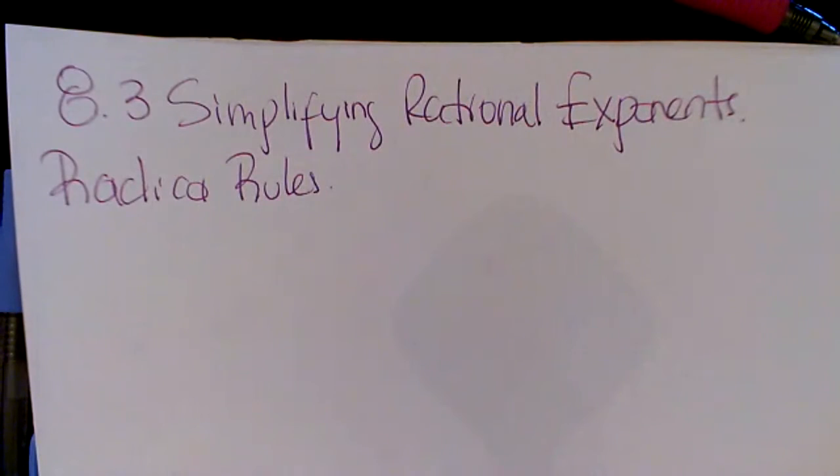Like with exponents, there are a few rules that govern powers, products, and quotients. So we already discovered the rule with powers, and we name it the power rule of radicals.